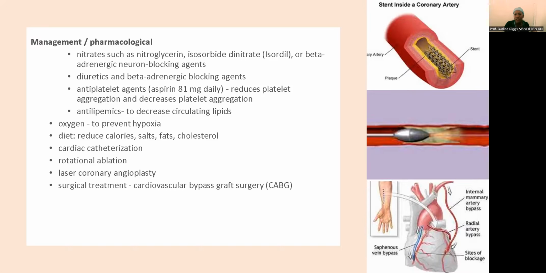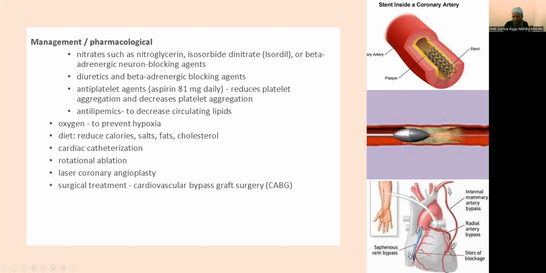Of course, we want to go from least to most invasive because we're like that. Worst case scenario, they may need major surgery, which is a CABG, a coronary artery bypass graft surgery, which is this procedure on the bottom right here, where we take a blood vessel from either your arm or your lower extremity, and hence the name, we're bypassing.